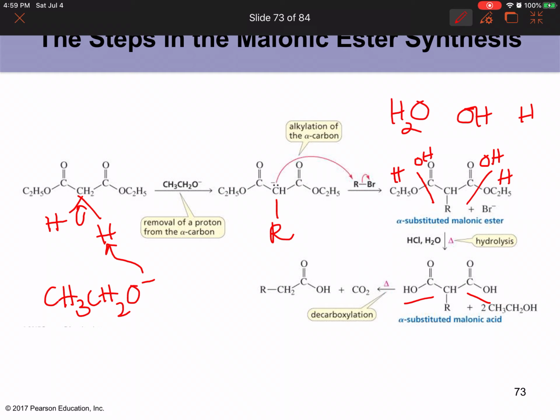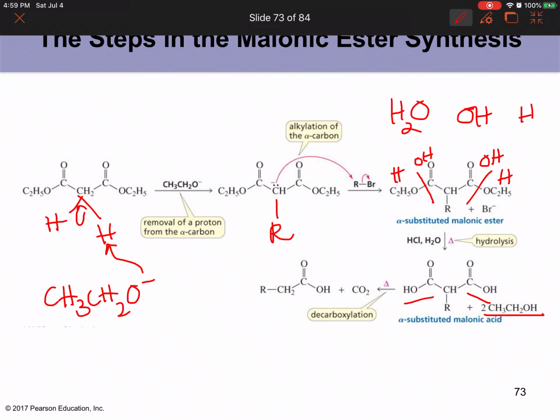In the next chapter, I will explain the mechanism, how it happens. But for now, know that when the ester is hydrolyzed, it forms acid. Since there are two esters, you have two acids, and then you also have two alcohol groups.